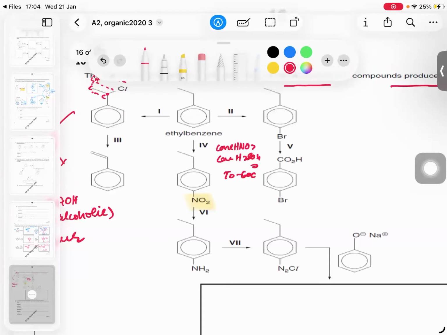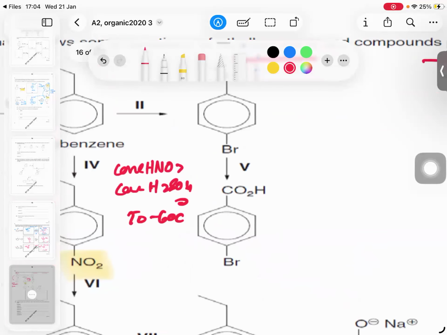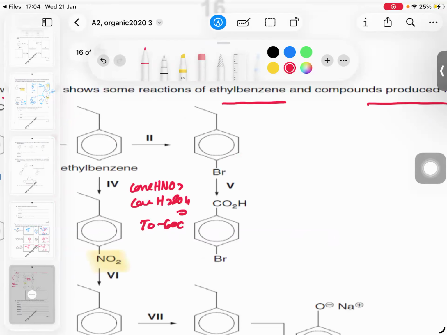Okay, number 5. Look at the number 5. Anyone else other than Ayla from Zoom, I need your contribution. What is happening in this? If you see closely, the ethyl part of ethylbenzene is oxidized to form benzoic acid.